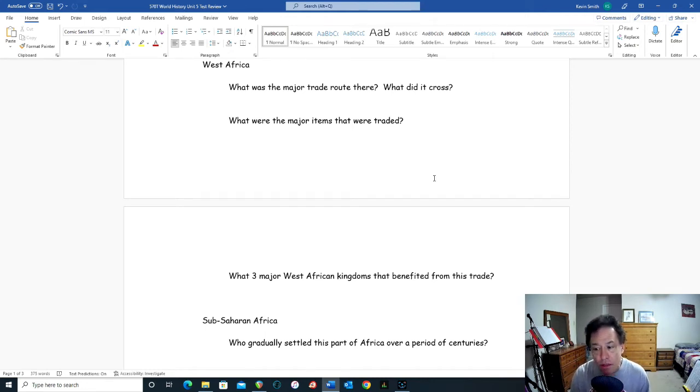When he took the Hajj, remember that Hajj, that pilgrimage to the city of Mecca, is one of the 5 pillars of Islam that every Muslim is obligated to do once in his or her life. And along the way, he spent so much gold because he was so rich that he inflated the economies of every city he went to. And so that's just some information about Mansa Musa that we want to keep in mind.